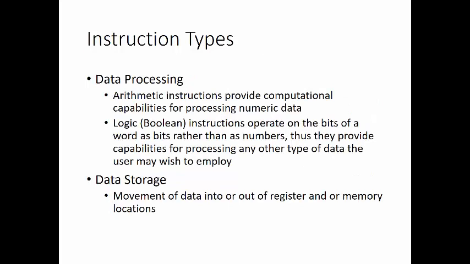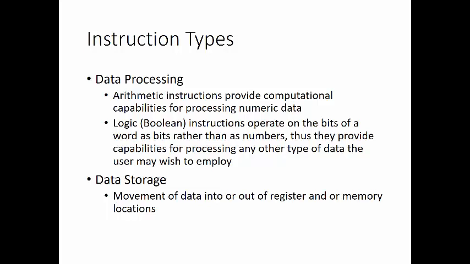The first up is data processing. These are arithmetic instructions that provide computational capabilities for processing numeric data. Logic operations operate on the bits of a word rather than the numbers. Thus they provide capabilities for processing any other type of data that a user may wish to employ.